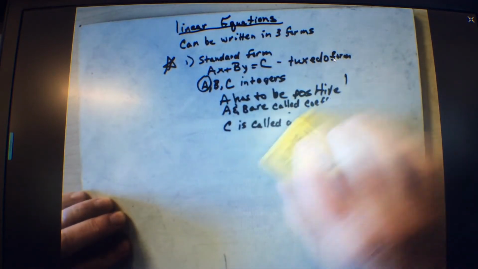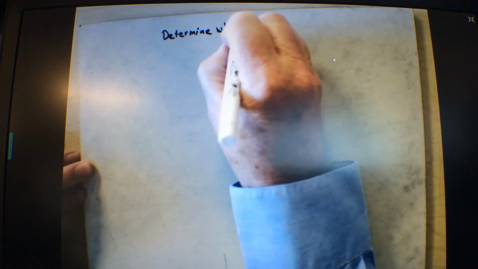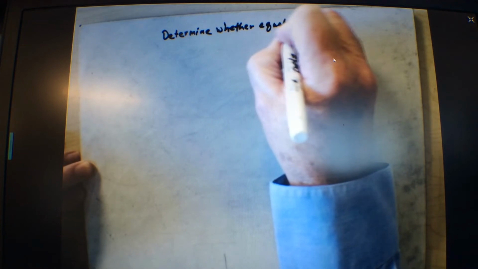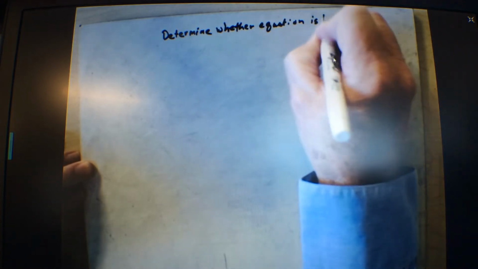Well, let's not graph them yet. We've got to put them in standard form. Remember when I said we're going to move things around? All right. So we want to determine whether an equation is linear.